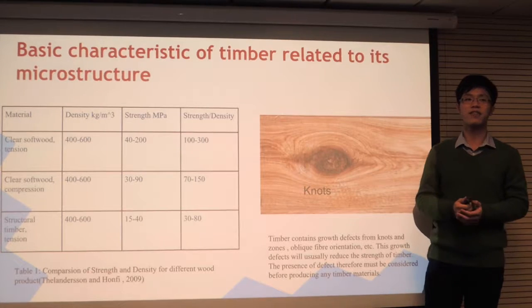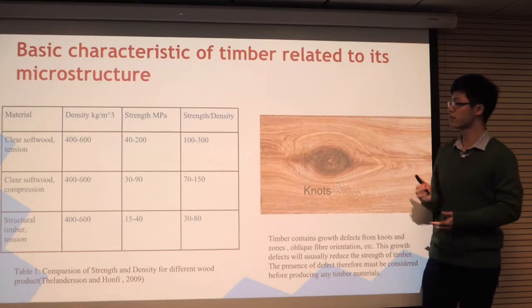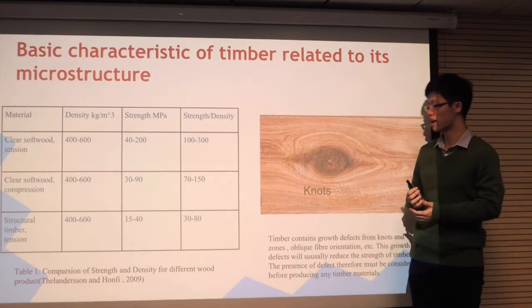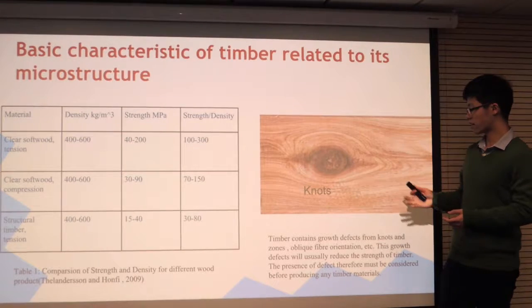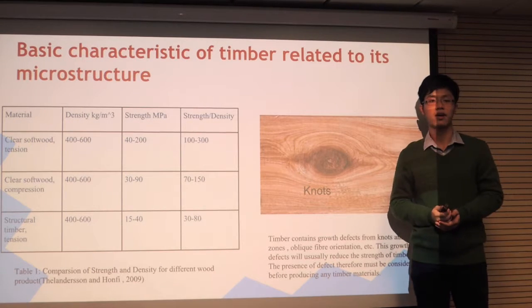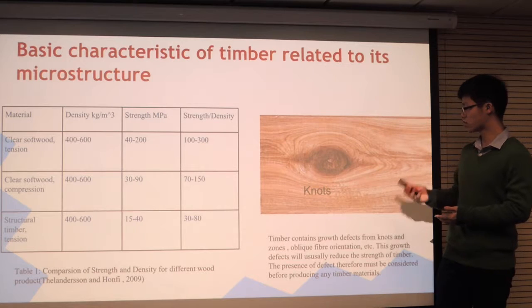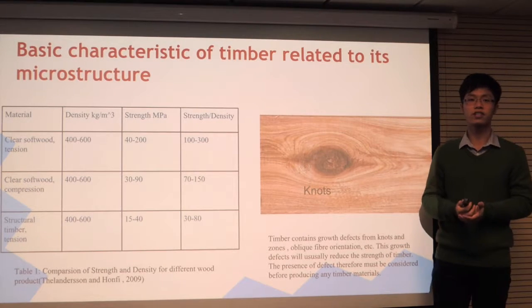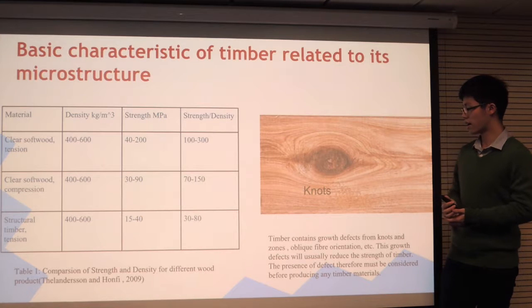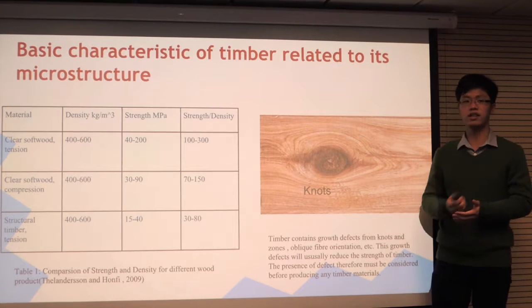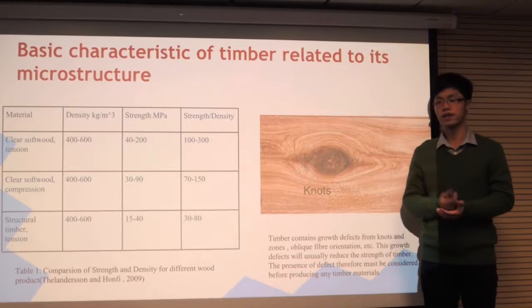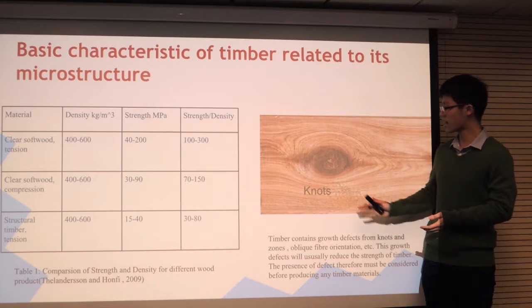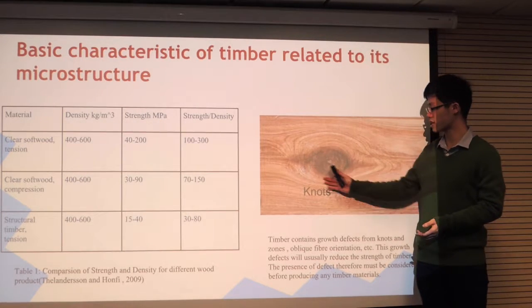And the basic characteristic of timber that relates to its microstructure is that the timber contains growth defects such as knots or shakes, and also the fiber orientation will lead to defects in its strength and stiffness. And you can see that it is a knots example.